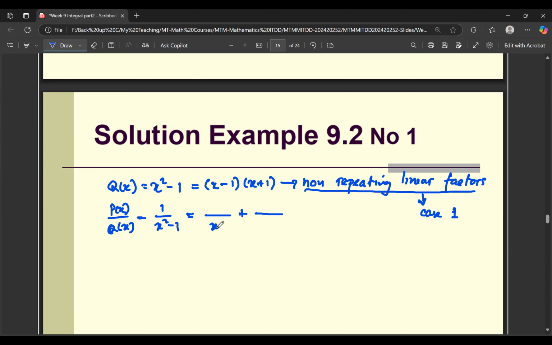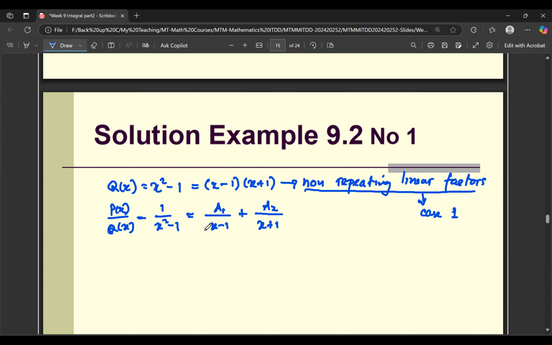So this is x minus 1, and this must be x plus 1, and then we have constants. So we must determine these constants.